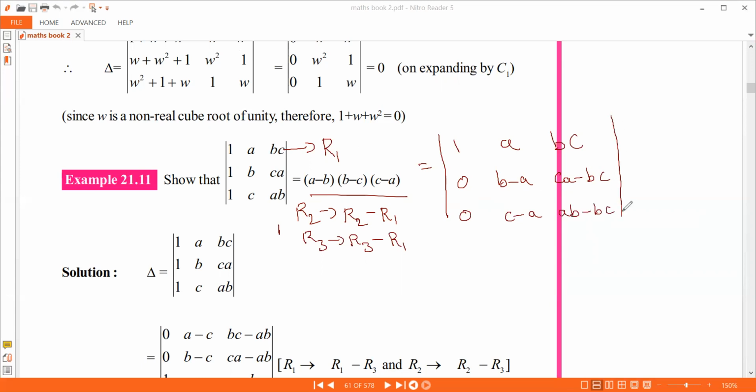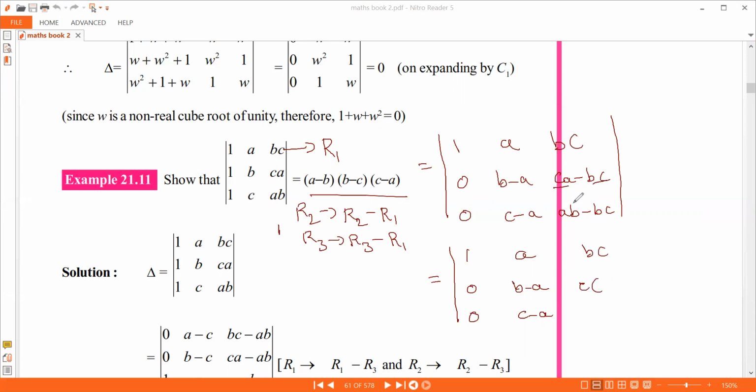Right. I got this. Now, no, don't evaluate. 1, 0, 0, keep it as it is. You write B minus A here, and this is C minus A here. And out of these two terms, C is common. I have BC on the top.